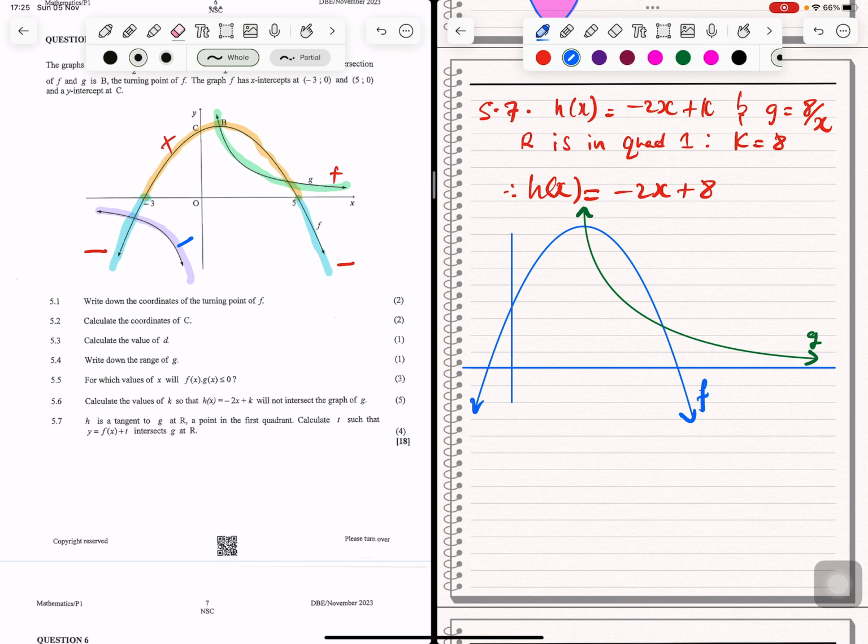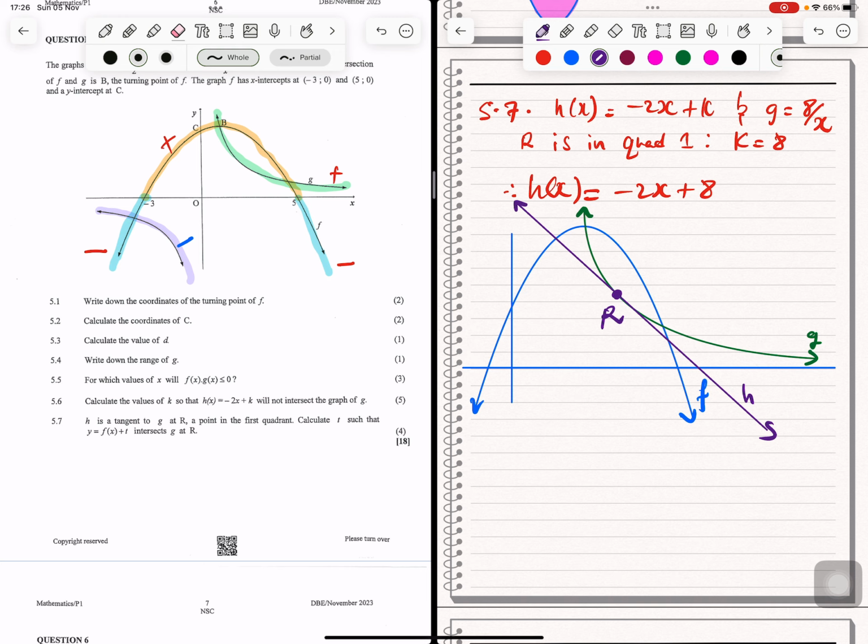There is a tangent, which is h. So the graph of h is a tangent to g at r. So allow me to have that there as a tangent. That is the point r there, and that is h. H has a negative gradient, hence I'm drawing it in that way. So this is the graph of h. It has a negative gradient.